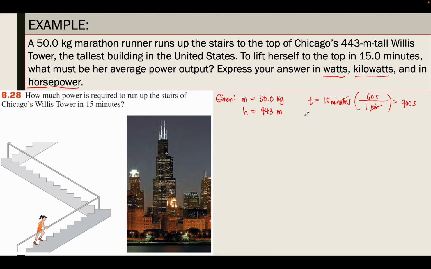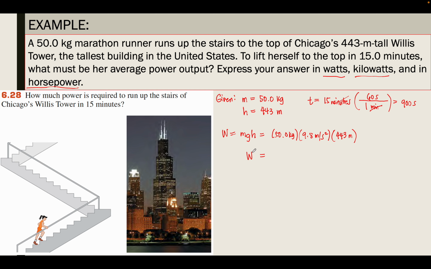So we will be using the equation for the work done by the gravitational potential energy. Work is equal to the mass times gravity times the height, or mgh. So we have 50 kilograms times the acceleration due to gravity, which is 9.8 meters per second squared, times the height, which is 443 meters.